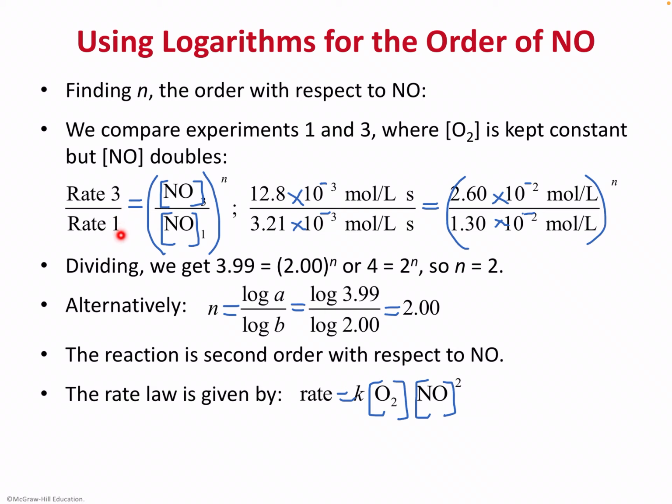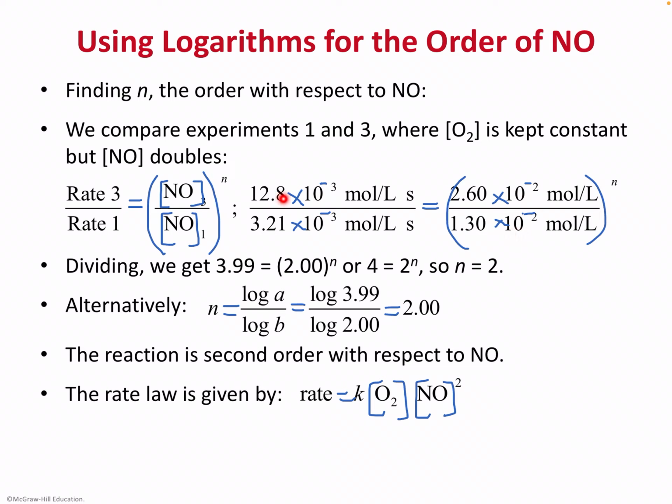Rate 3 over rate 1, like I mentioned before. Nitrogen monoxide concentration in reaction 3 over 1. And these are the rates: 12.8 and 3.21. And from this side, we find the concentrations for NO, for the third and the first reaction, values taken from the table.